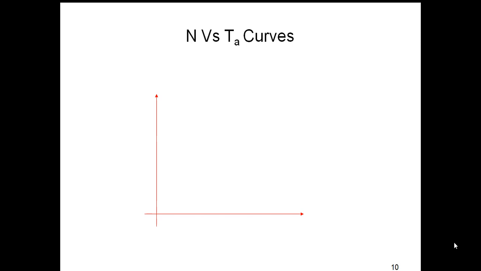Now let us see the characteristics between N versus TA. Here x-axis represents the speed and y-axis represents the armature torque.